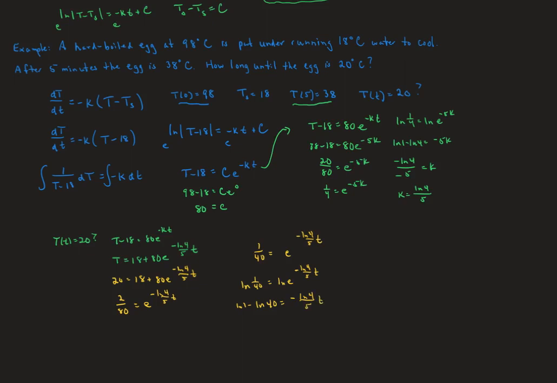So that's going to be a negative natural log 40, and we can multiply that by 5 over negative natural log 4, and the negatives will cancel, so we'll have 5 natural log 40 over natural log 4, and I believe when I did that I got something like about 13.3 minutes. All right, very good.